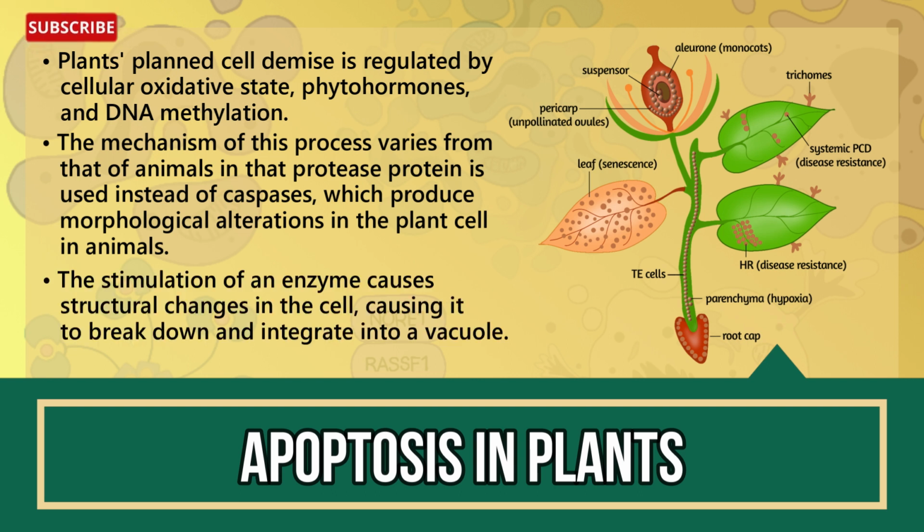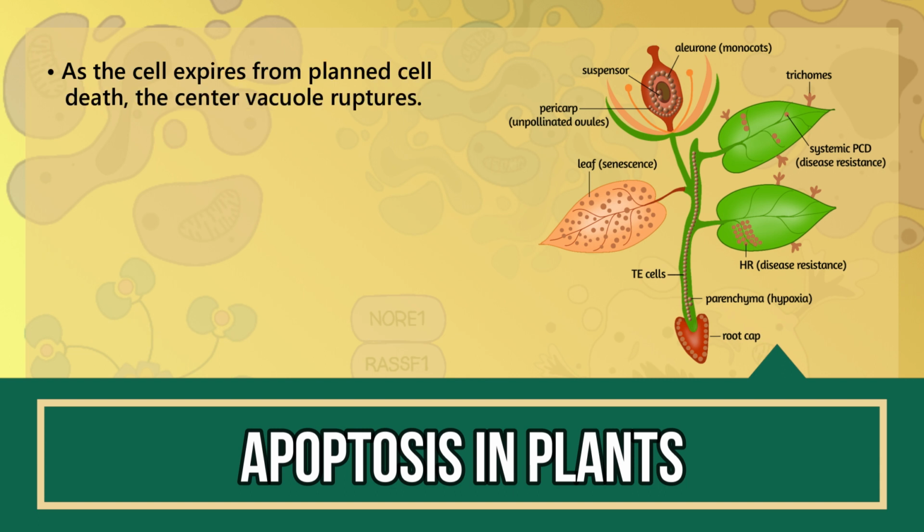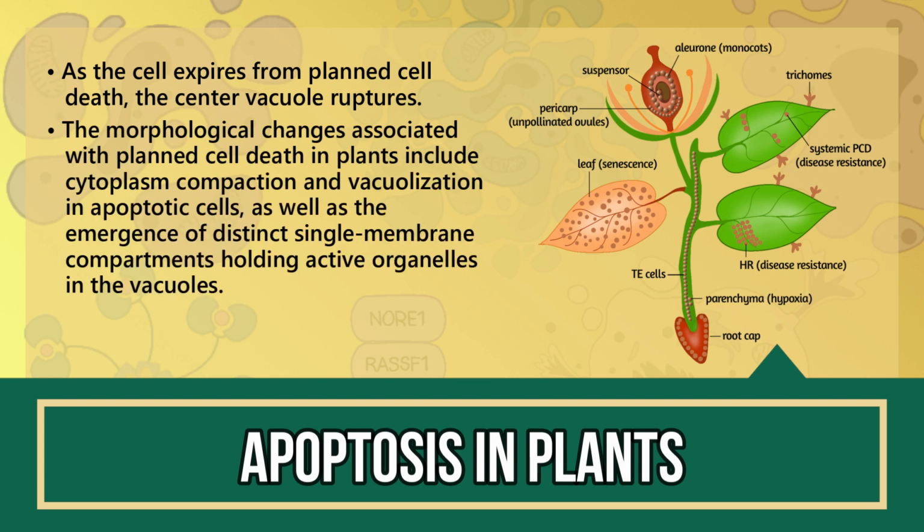The stimulation of an enzyme causes structural changes in the cell, causing it to break down and integrate into the vacuole. As the cell expires from the programmed cell death, the central vacuole ruptures. The morphological changes associated with plant cell death include cytoplasm compaction and vacuolization in apoptotic cells, as well as the emergence of distinct single membrane compartments holding active organelles in vacuoles.